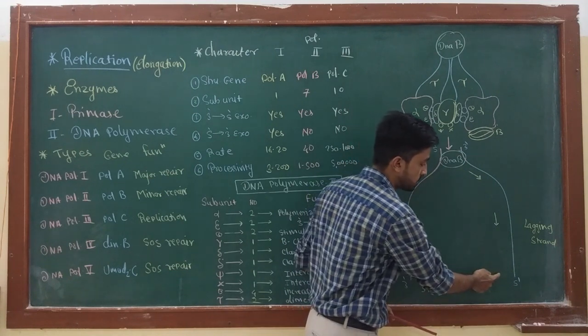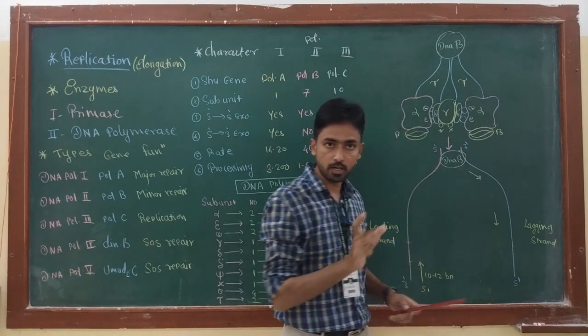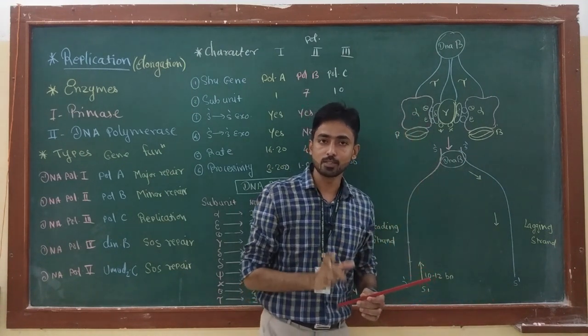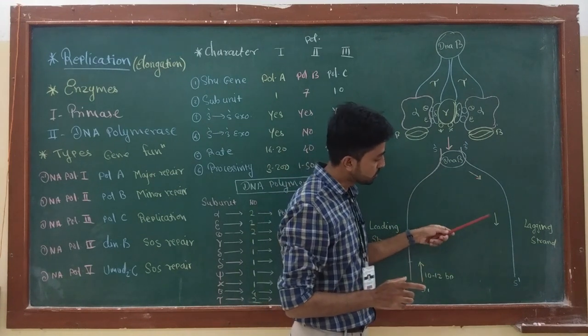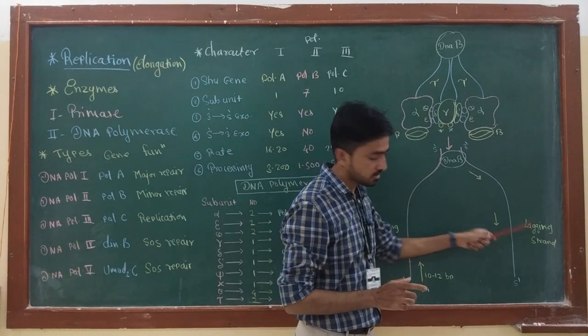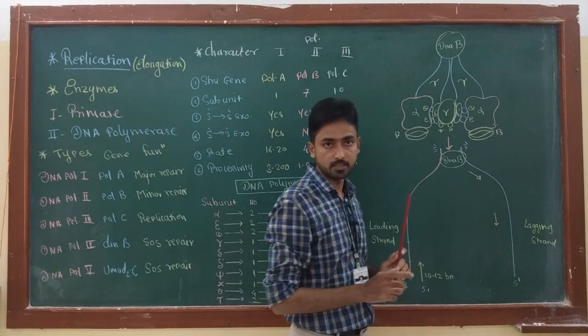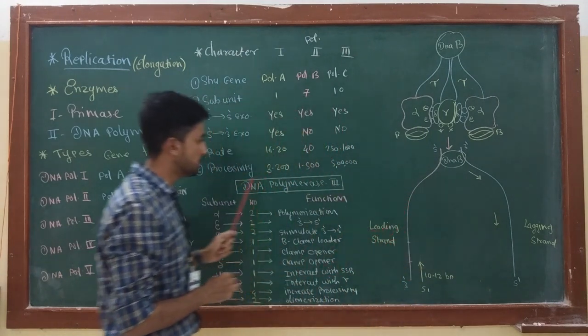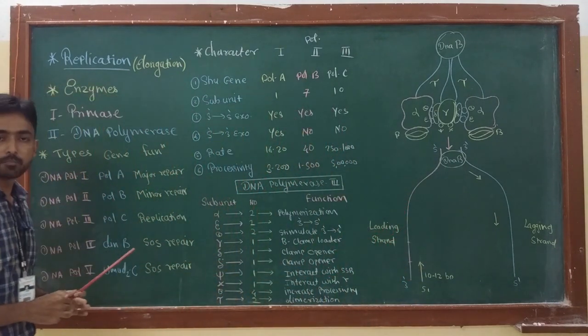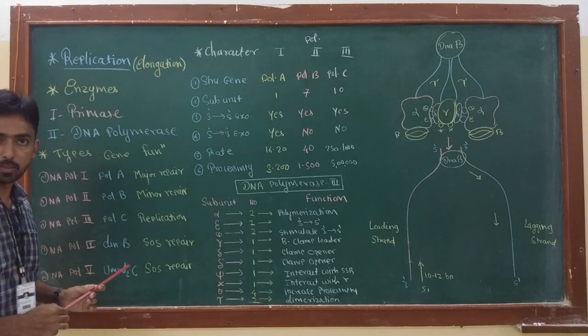So the new strand would become 3' to 5'. It is not possible for the polymerase to synthesize a new strand in this direction. So the new strand on the lagging strand is synthesized in the opposite direction. Okay, so this is the first enzyme which takes part in the elongation phase of replication.